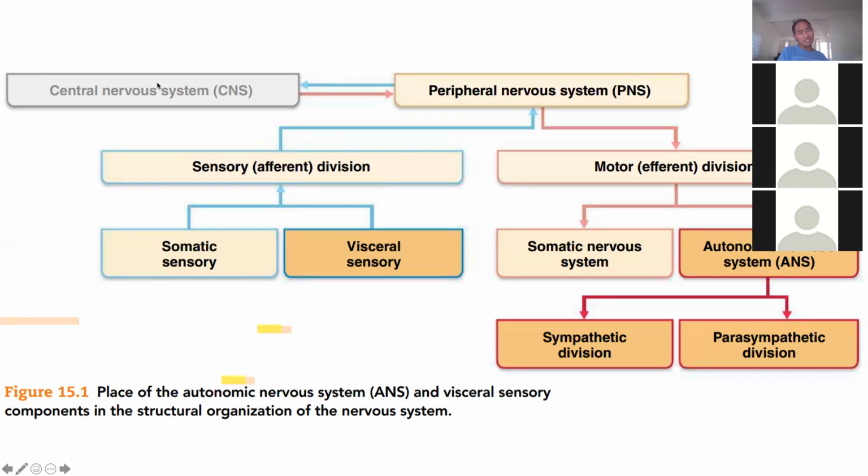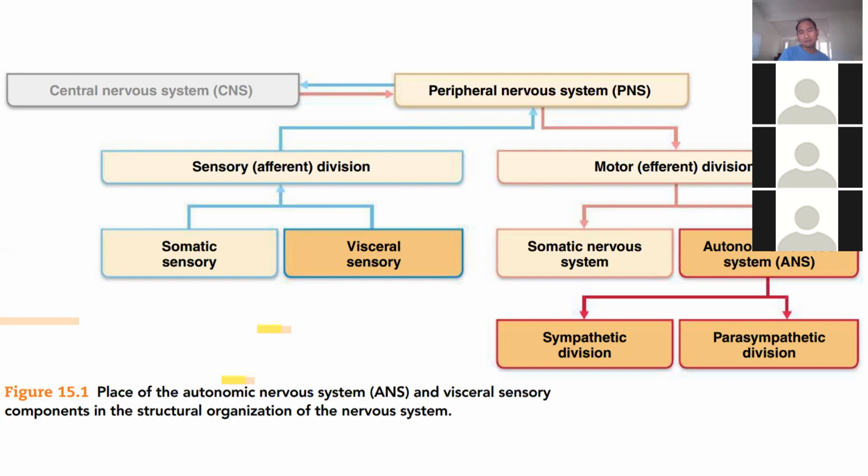The nervous system can be divided into the central nervous system and the peripheral nervous system. So whenever we say nervous system, I want you to remember 2: central nervous system and peripheral nervous system.